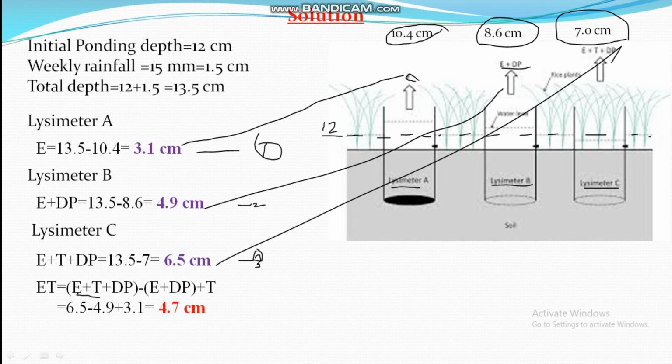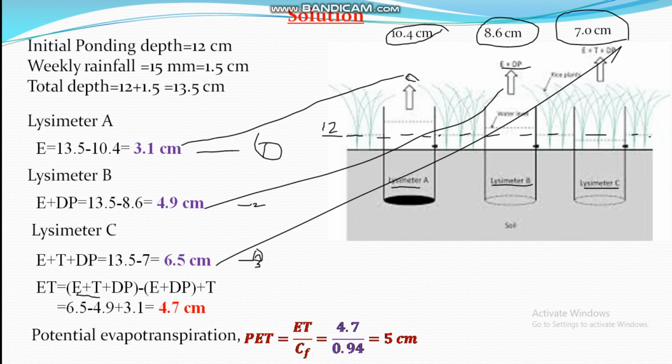Now there is a given crop coefficient. If crops would not have been there, then there would be less loss actually. Therefore, to find out the potential evapotranspiration, PET, the evapotranspiration is calculated as the potential evapotranspiration into the crop coefficient.